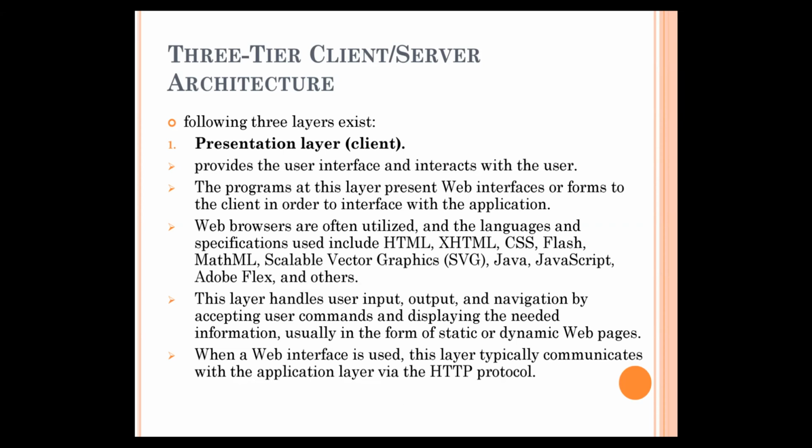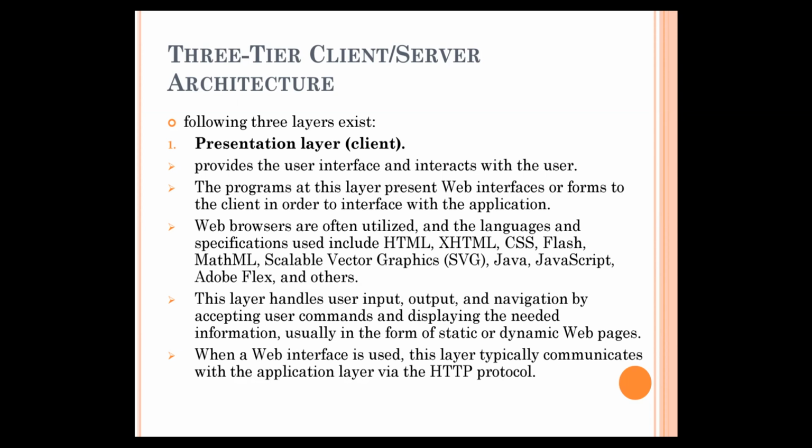And this layer handles user input, output, and navigation by accepting user commands and displaying the needed information. So it will display some welcome message, then it will ask you to enter the password, then it will validate the password, then it will ask what transaction you want, to change the mobile number, or to do the credit or debit, and it will give you some user-friendly messages.